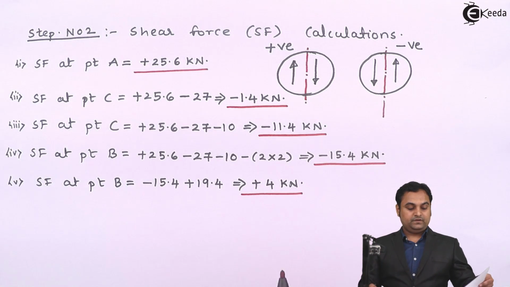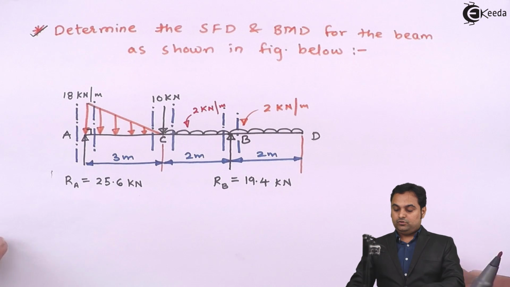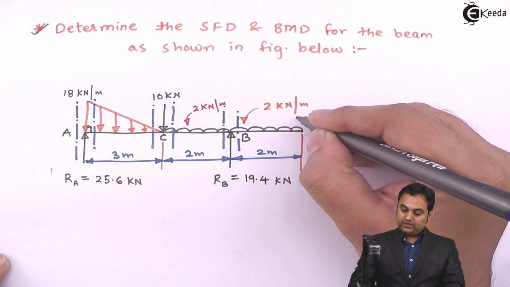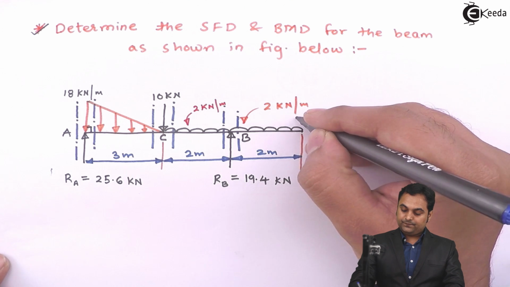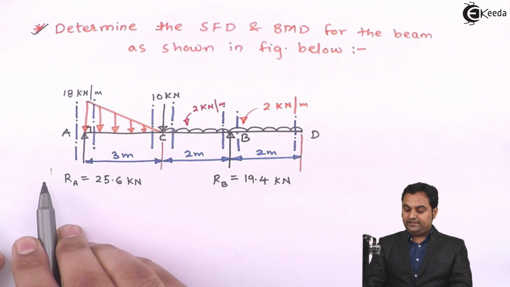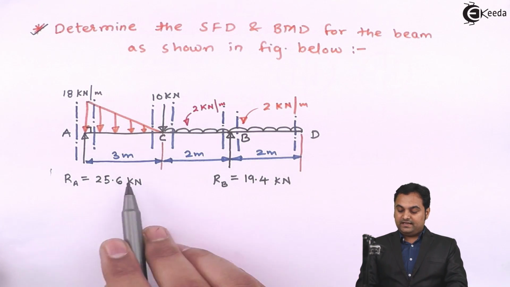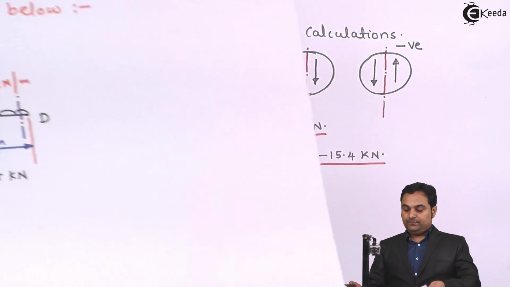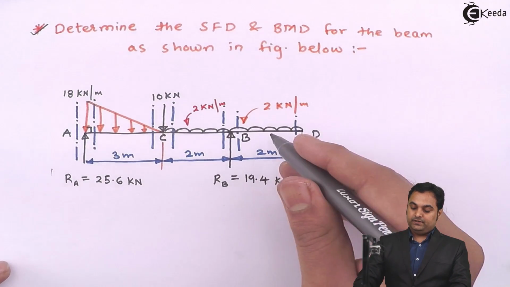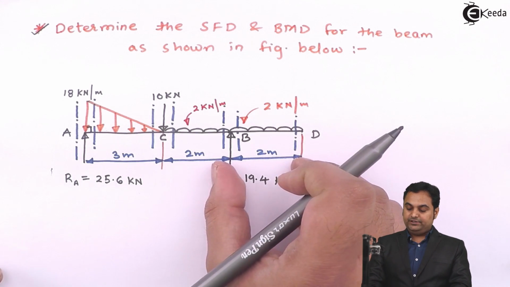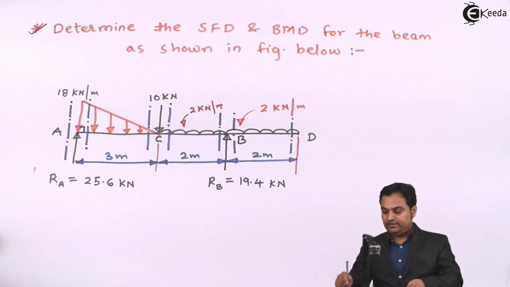Next, after this, when I take the section at point D, that is either on the left hand side, if I take the section, and if I will be calculating, I'll get this as up to point B I am getting plus 4 kilonewton. Next, here at point D there is 2 into 2, this much amount of UDL into point load which is acting in the downward direction.